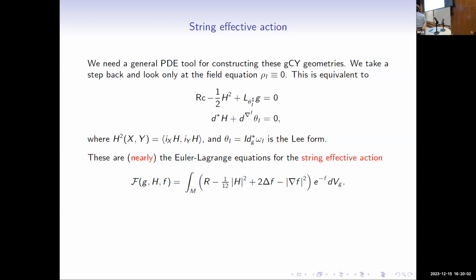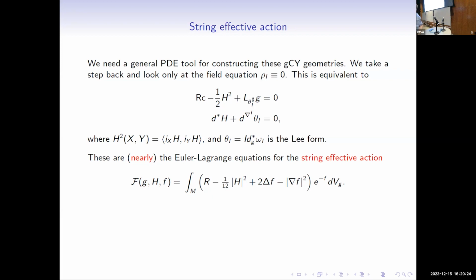This is the dilaton, and it plays some subtle role in the story. Basically, you fix the metric, the 3 form, and the function f. You integrate r minus 1/12 norm h squared plus twice f minus norm grad f squared, and you integrate against this weighted volume.